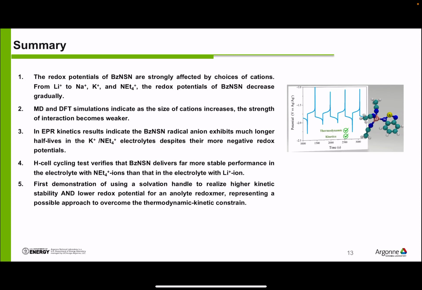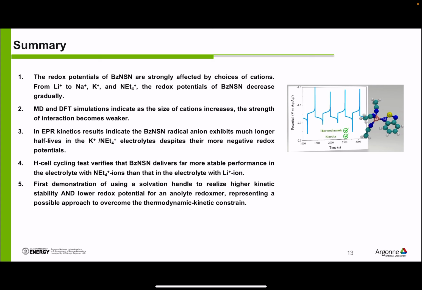Okay, so here comes the summary. This is quite an interesting study that shows the choice of the supporting salt cations can strongly affect the redox potential of our redoxmers. Those MD and DFT simulations indicate that as we increase the size of the cations, the coordination between the redoxmer and the cation becomes weaker.